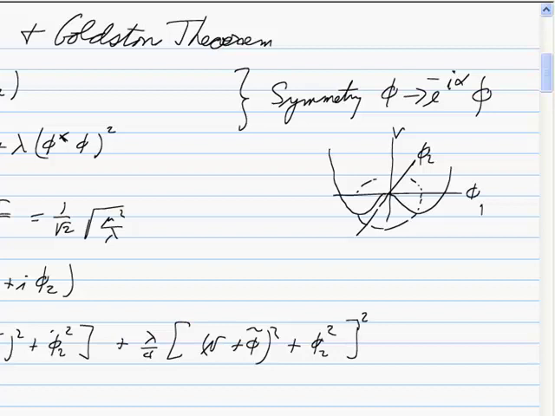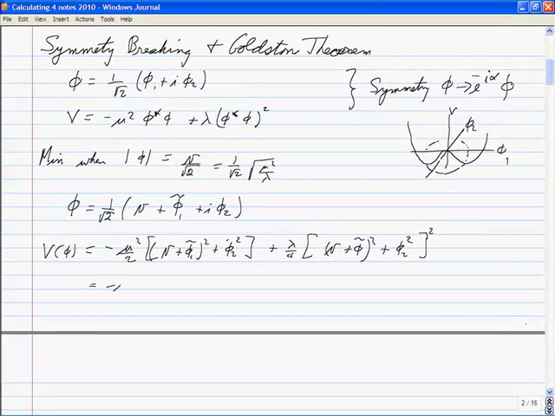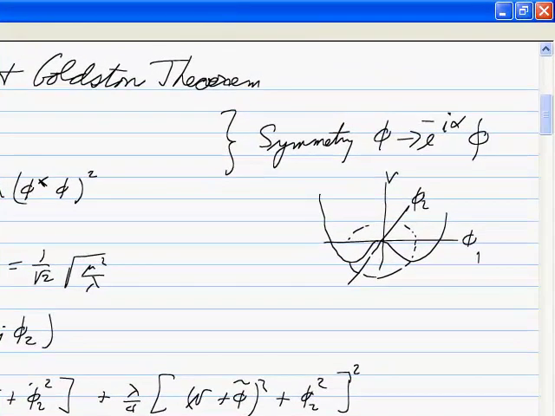Okay, and so there's a bunch of terms that you can write out that are like before. There's the minus mu to the fourth over 4 lambda that comes from the constant piece at the bottom. There's a mu squared phi 1 twiddle squared. That's the mass term that we already talked about. There's a term, let me stick it way out here. It's lambda v phi 1 twiddle cubed. That's also a term that we had before.